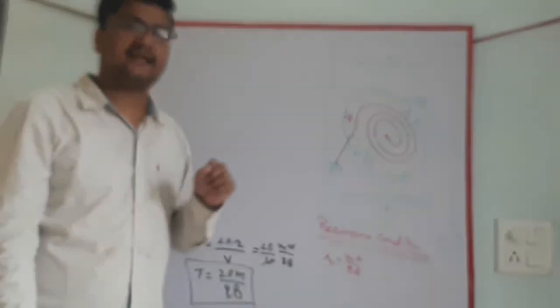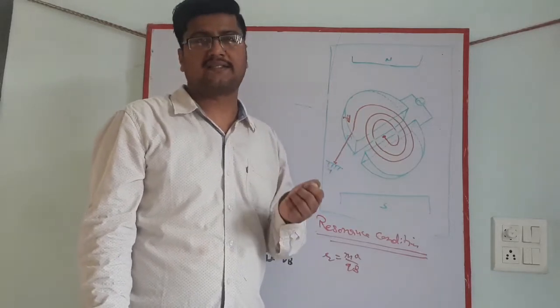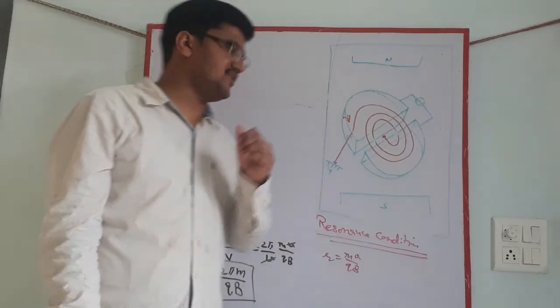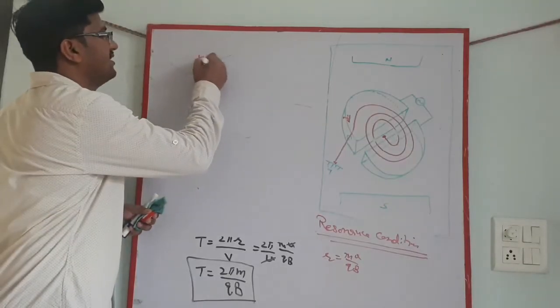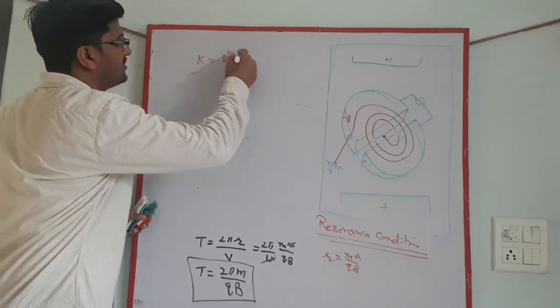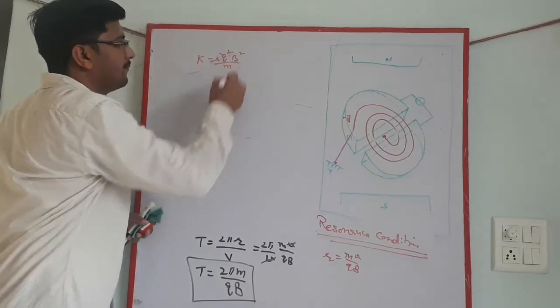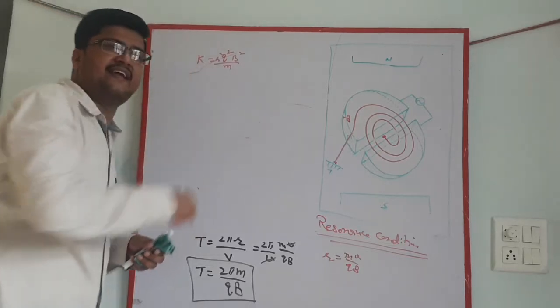But the problem is that the electron has very small mass. What was the formula for kinetic energy? It was q square b square r square by m. M is very small, so K will be very large.